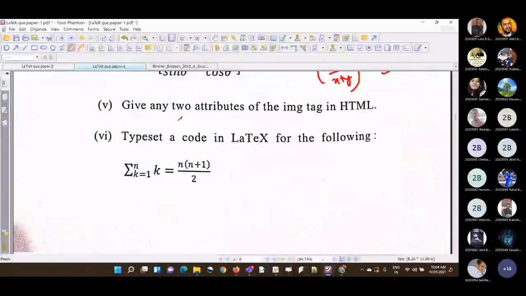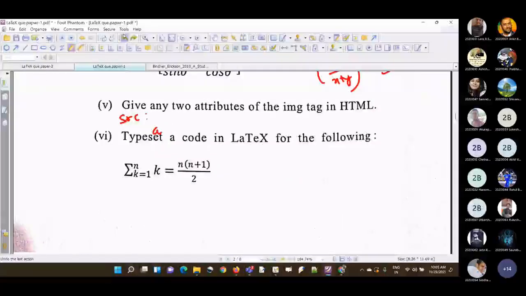For SRC, this specifies the path of the image. SRC means source.